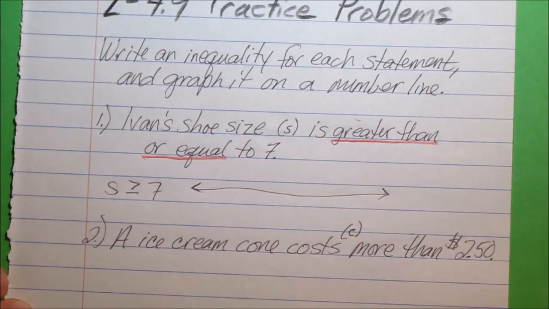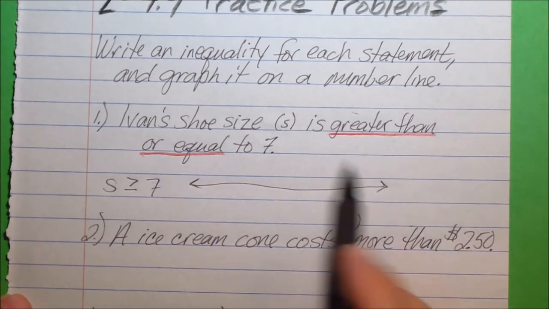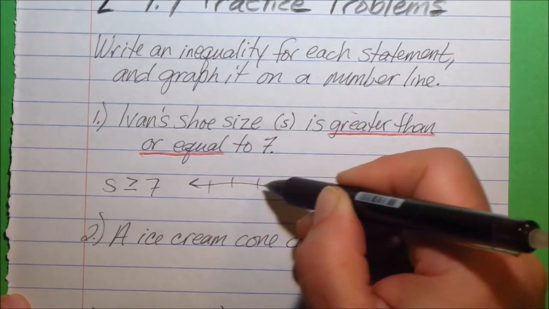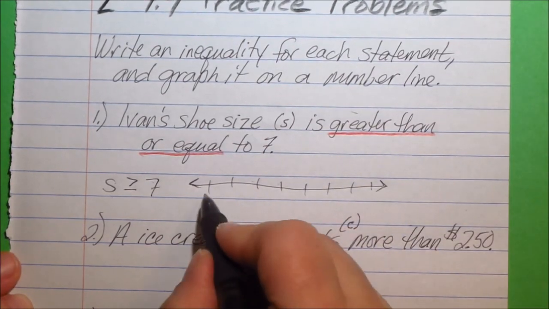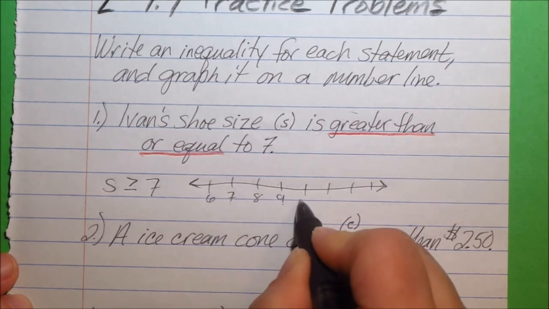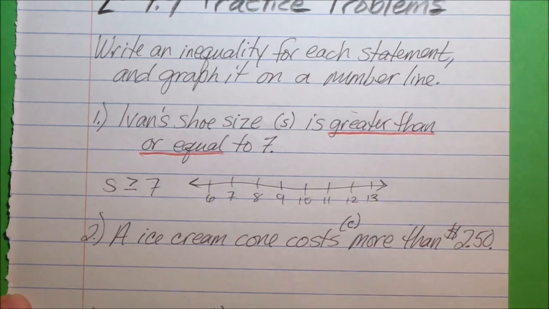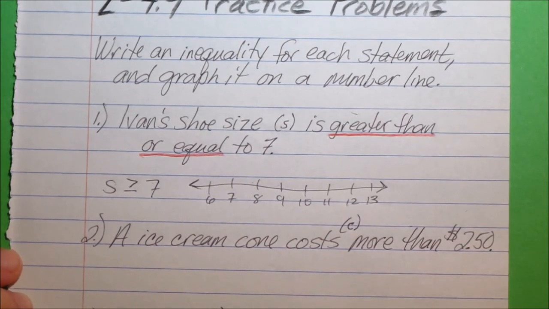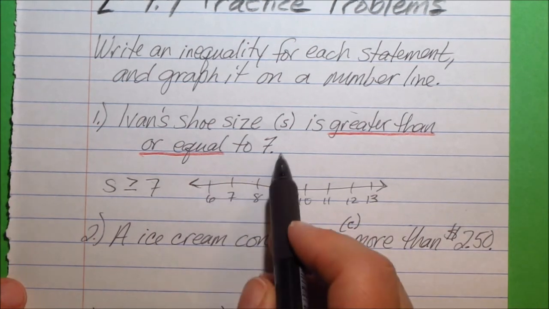Ew, that was a pretty squiggly graph, huh? So it's going to be greater than, so I know my line's going to go this way. So I'll put some ticks on here. Boy, that was a terrible graph. All right, 6, 7, 8, 9, 10, 11, 12. He might be a size 13. Big shoes. All right, but what I know is that it could possibly be a 7.